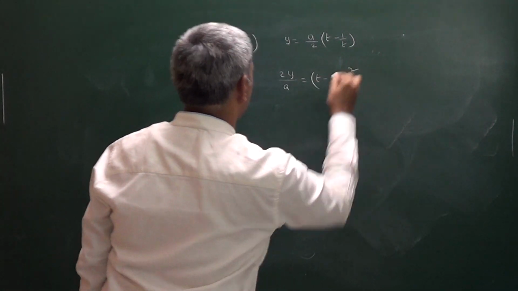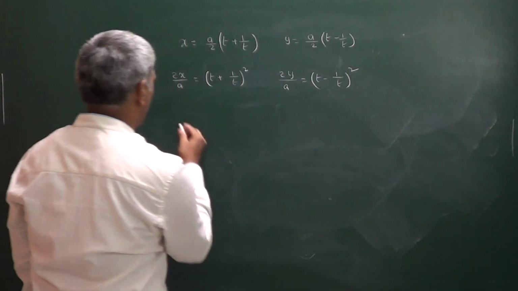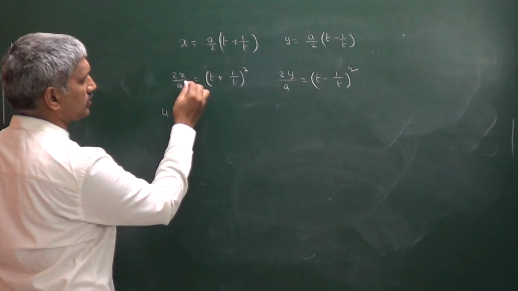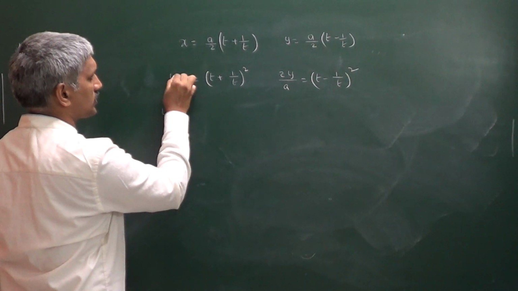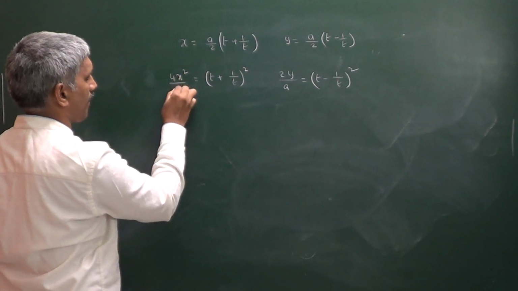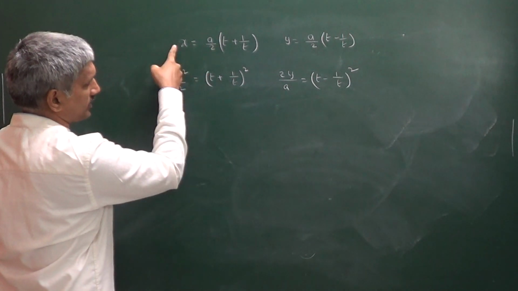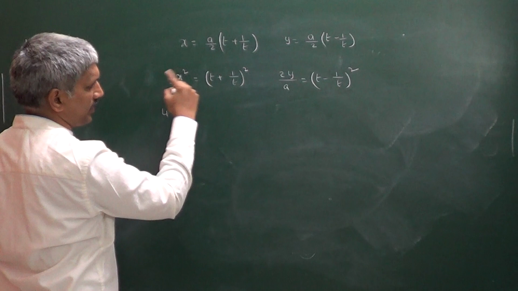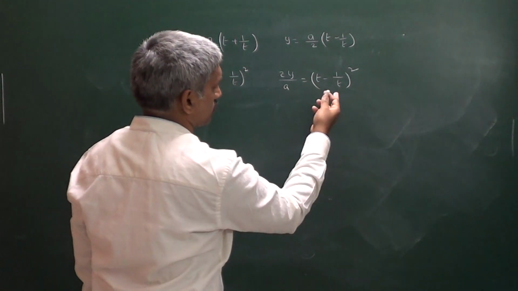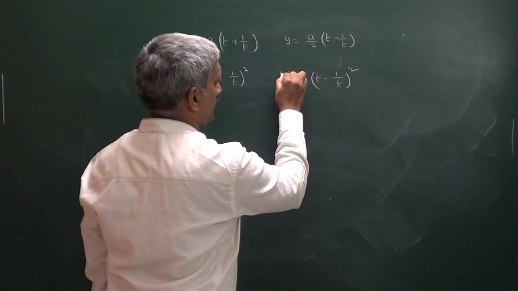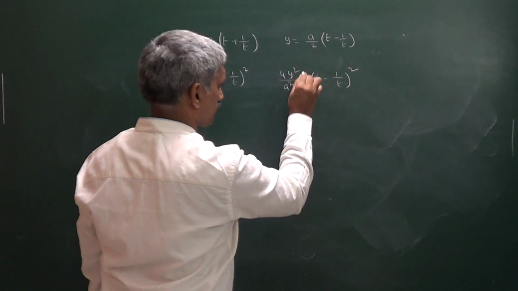Squaring on both sides, here we get 4x square by a square, and here also the same, you will get 4y square divided by a square.